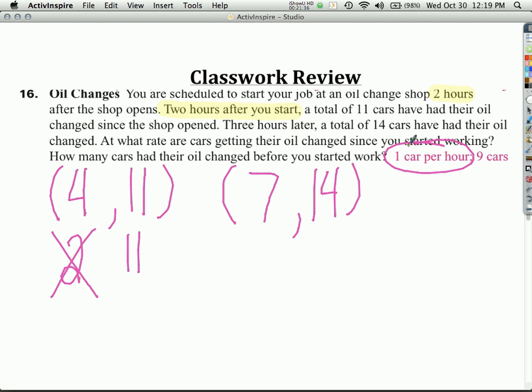You know, I actually spent some time thinking about it, and I know I had figured it out, and then I'm forgetting at the moment. 2 hours go by, which would imply that 2 cars have been done. That's a very good question.